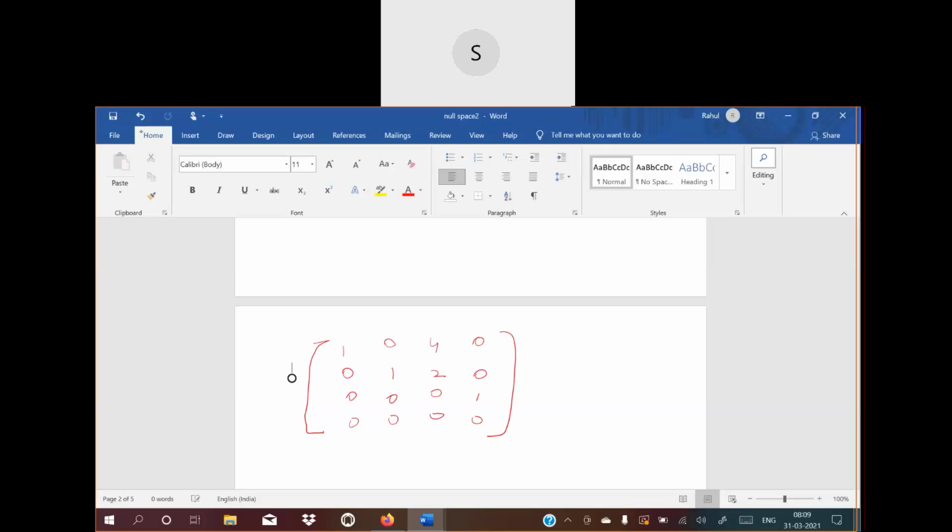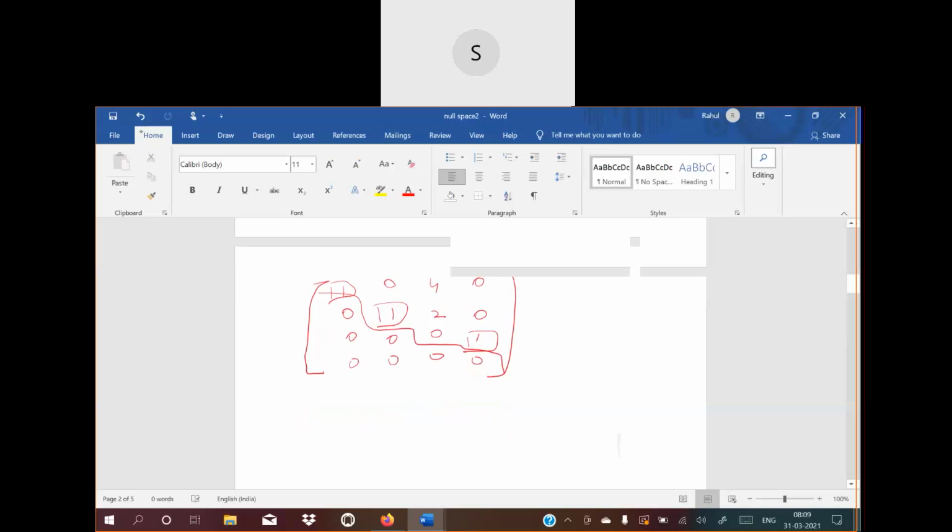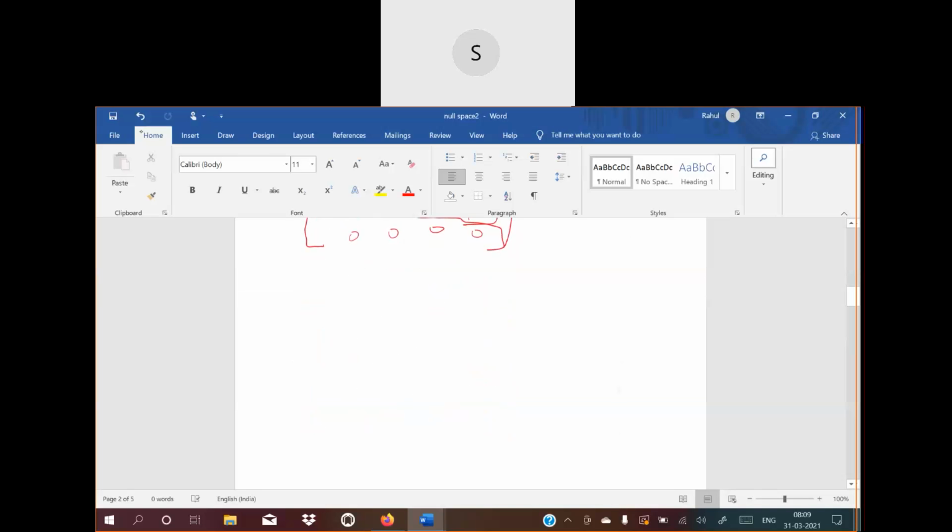So we have reduced this into this form. You see that you have one pivot here, one pivot here, and this makes a staircase thing here. So take a few examples and see how that can be reduced to row echelon form.